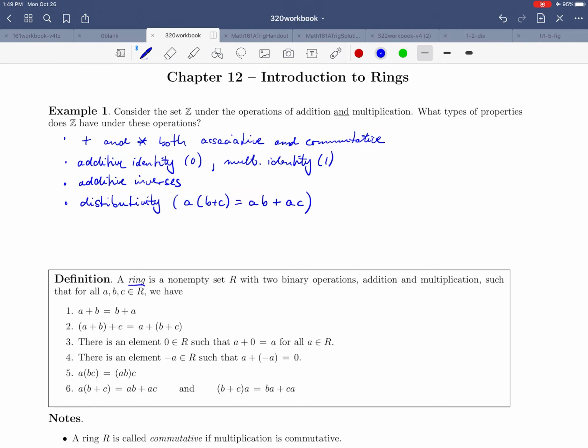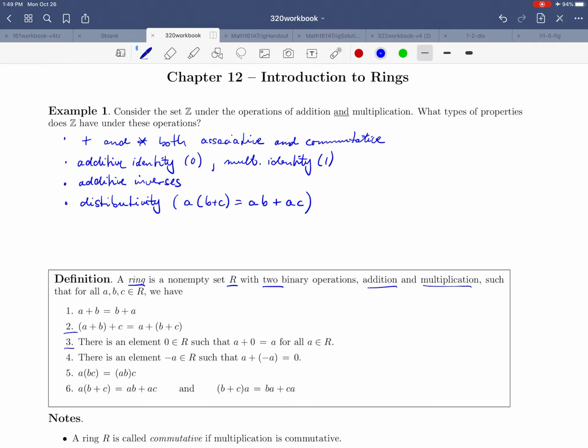A ring is a non-empty set, we're going to use R for ring, with two binary operations, addition and multiplication, such that a bunch of things have to be true. For elements A, B, C in our ring, number 1, A plus B is equal to B plus A, so we have commutativity. Number 2, A plus B plus C is equal to A plus B plus C, that's associativity of addition.